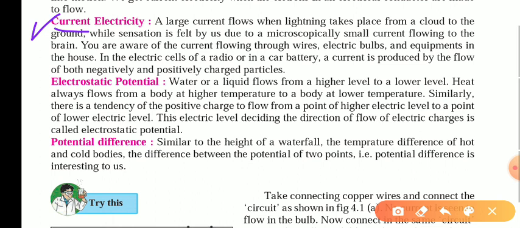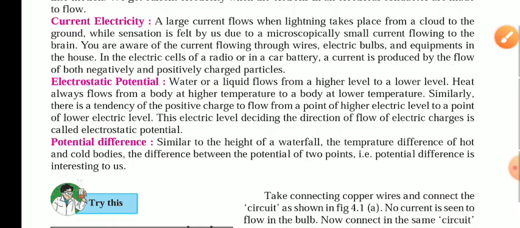These batteries are nothing but sources of energy. The common thing in all this is a flow of charged particles. You can see they have mentioned the flow of both negatively and positively charged particles. The charged particles present in these sources of energy, or the materials through which the electricity is flowing, are all charged.